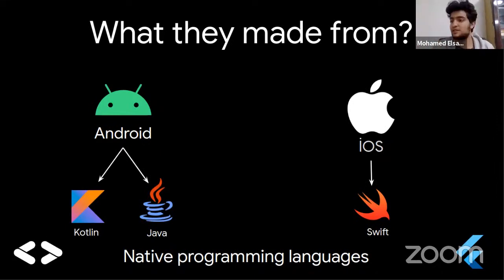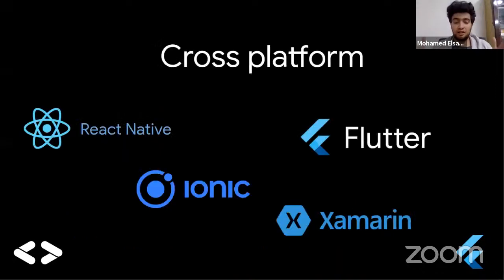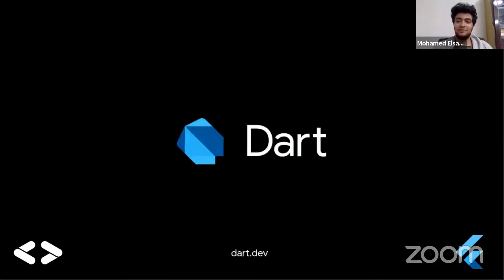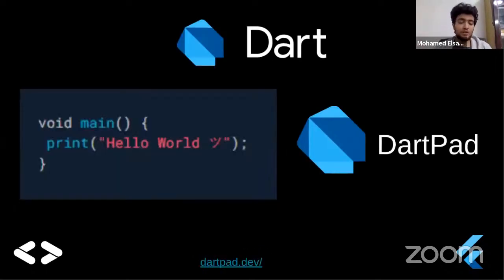And also we talked about the concept of cross-platform and how it is made, as well as the four powers of Flutter: beautiful, fast, productive, and open. And also we talked about Dart and what Dart is, and we showed some simple examples of Dart, and also we talked about DartPad, where you can just run Dart code online and test your code online.